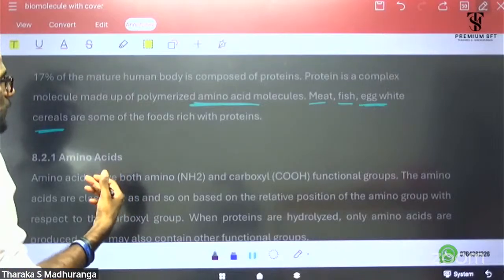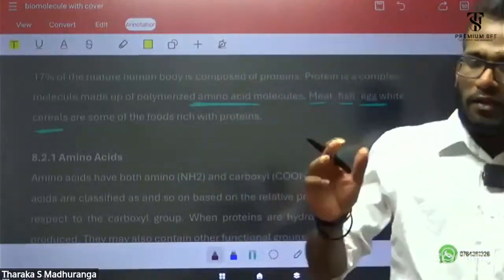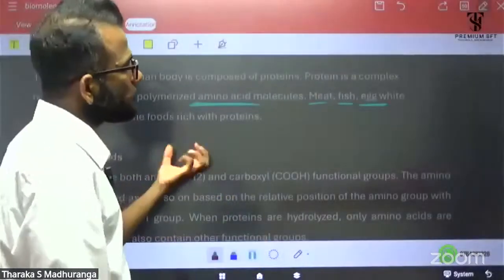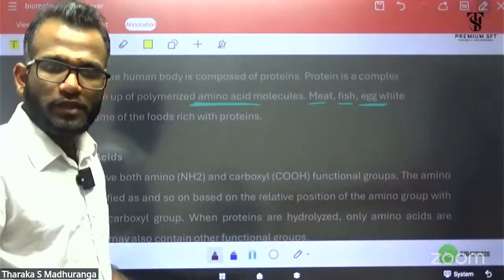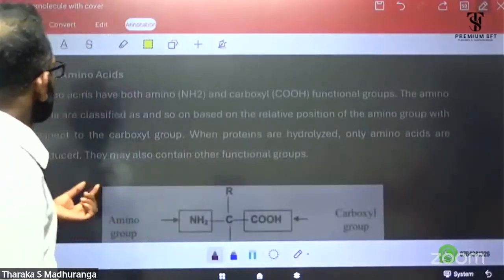There are different protein types and different structures, which we can discuss in the middle of the lesson.